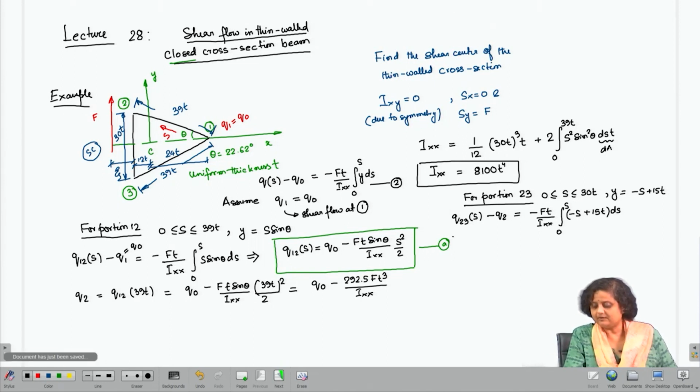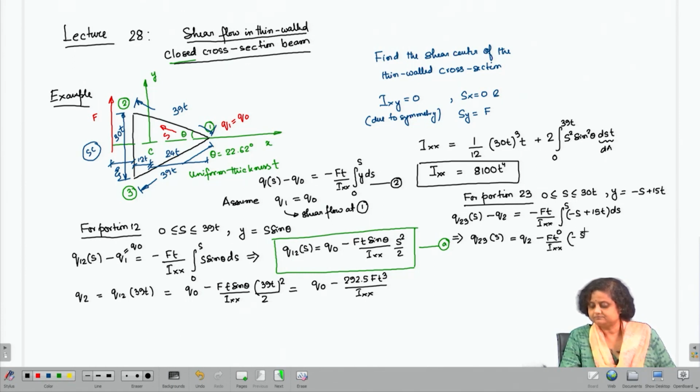Now, if we evaluate this, we get Q23S as Q2 minus Ft by Ixx times the evaluated integral. This is the expression we get.